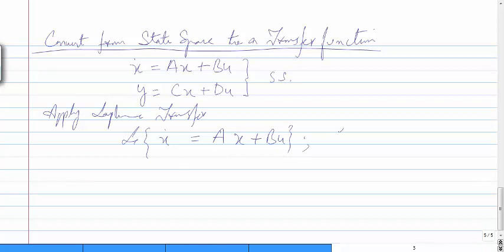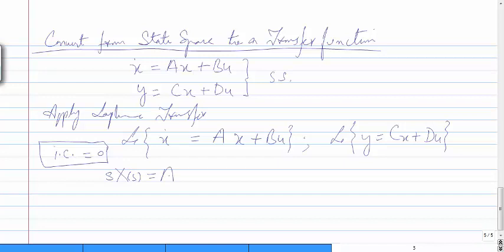Similarly, the Laplace transform on y equal to Cx plus Du. Because we are finding the transfer function, we assume initial conditions equal to 0. So in that case we have s times X of s is equal to A times X of s plus B U of s. Okay.